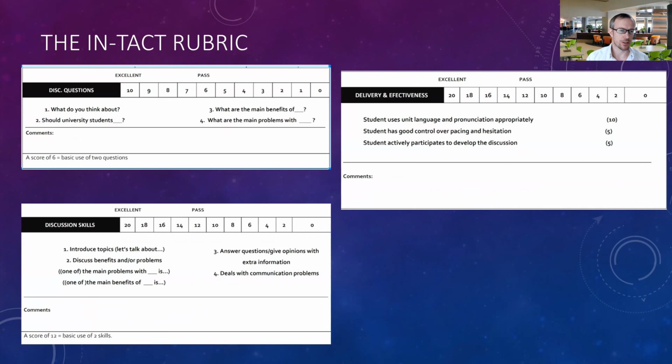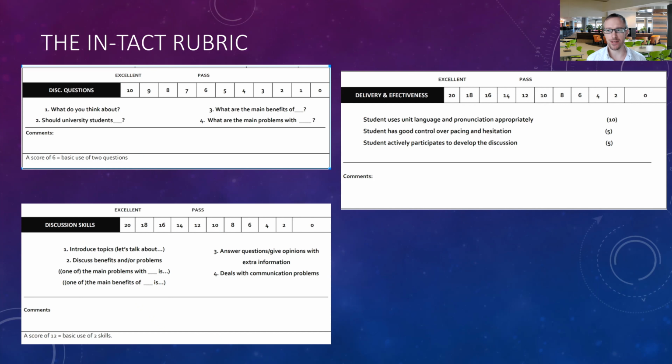Within the discussion questions section, there were a number of questions which they were to try to deliver during the test, to help scaffold the interaction. For one of the tests, for example, they're talking about benefits and problems. Then in discussion skills, there were a few skills included, some specific language, and they had to use some of those. The passing score at our university is 60%.